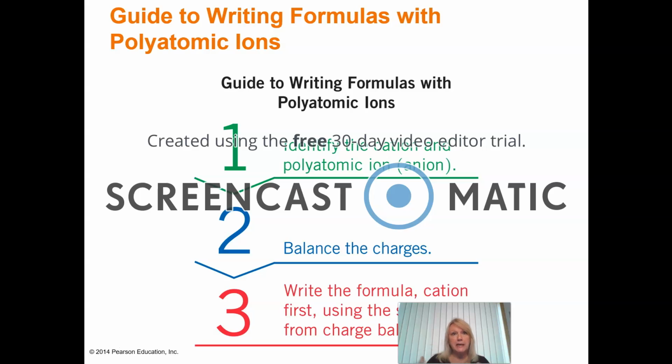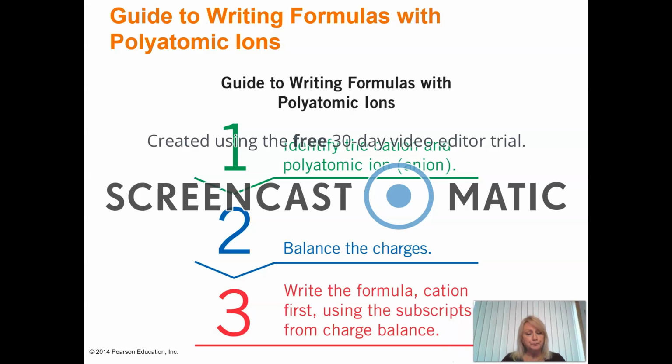Do your multiplication so that your charges add up to 0. The cation goes first and the anion goes second. You use the subscripts, apply it to everything inside of the parentheses if you're dealing with that polyatomic multiple, and you're done.